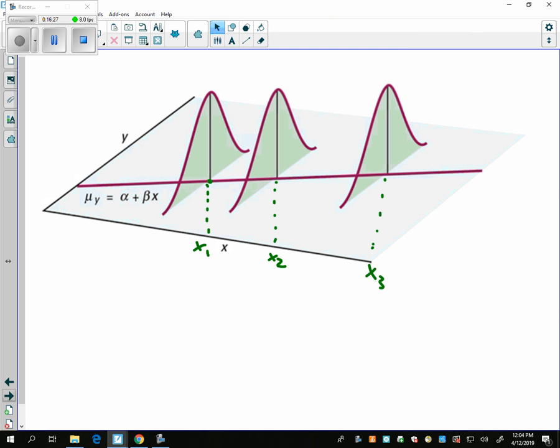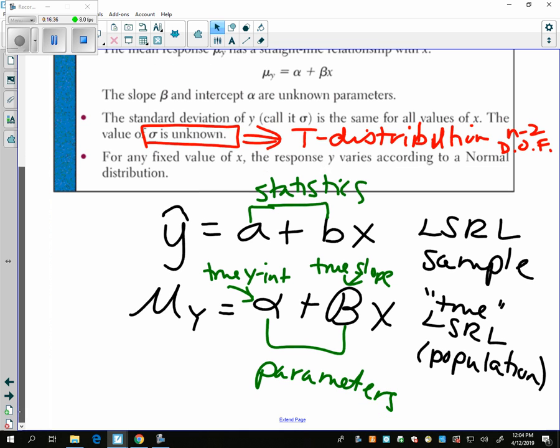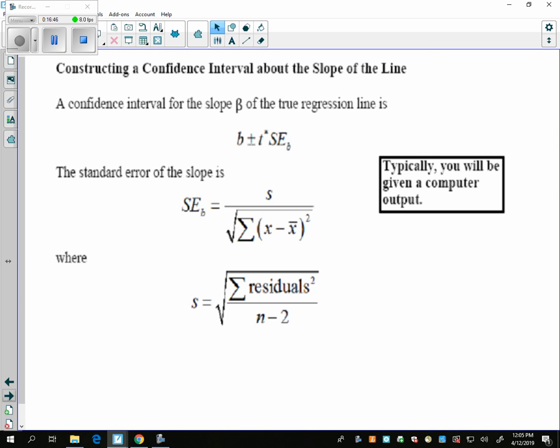This is not a really big deal, but that's what this condition is talking about. All right, so good news, usually you don't have to do these. Really, they usually say it's met.